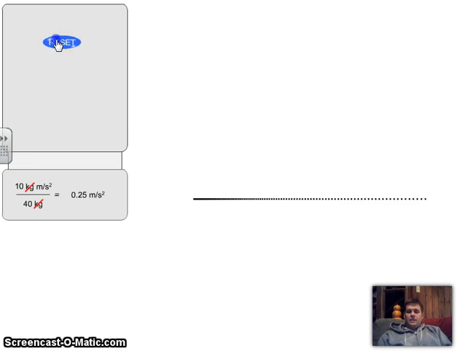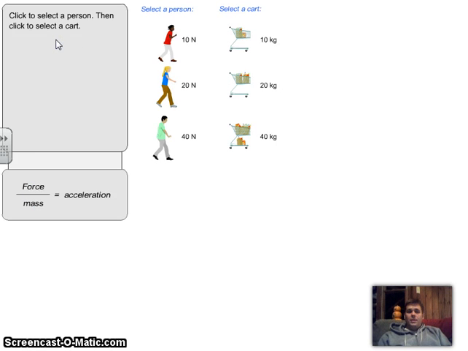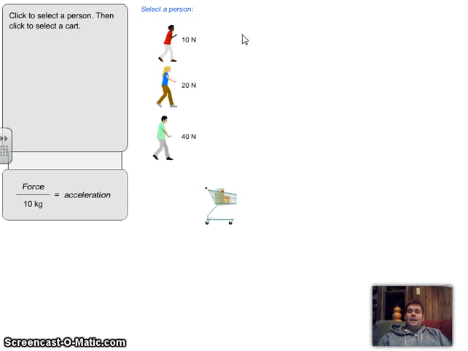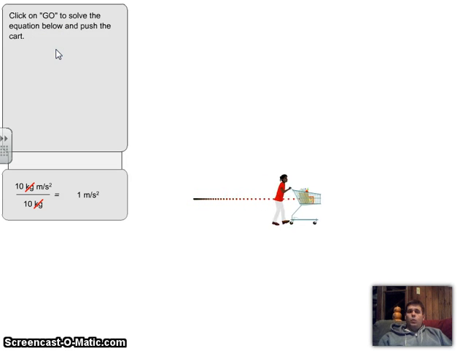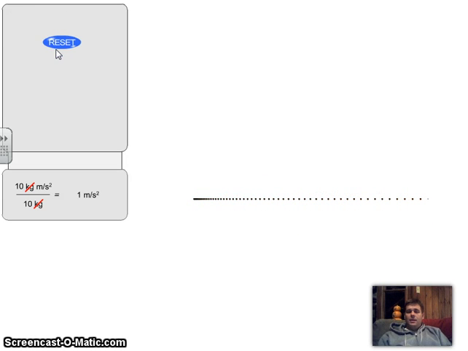If we reset this and go back to our golf club example, imagine that I keep the mass of my object the same, 10 kilograms, and apply a force of 10 newtons. As we stated before, the acceleration will be 10 over 10, which is 1 meter per second per second.